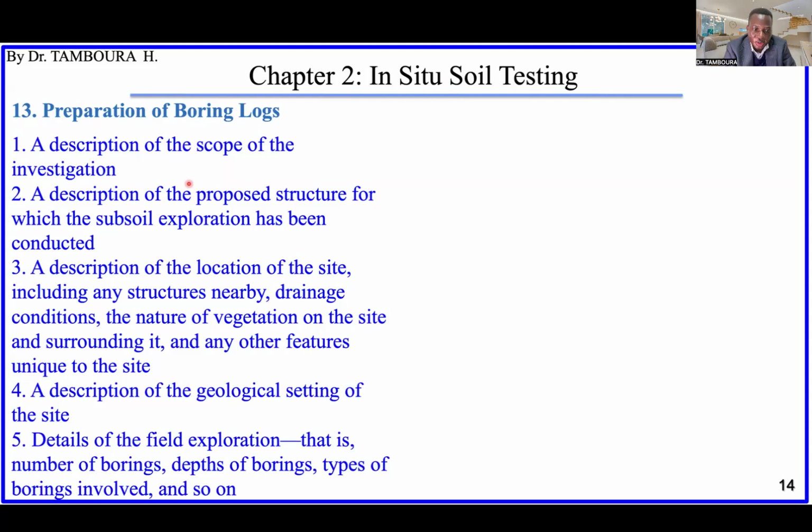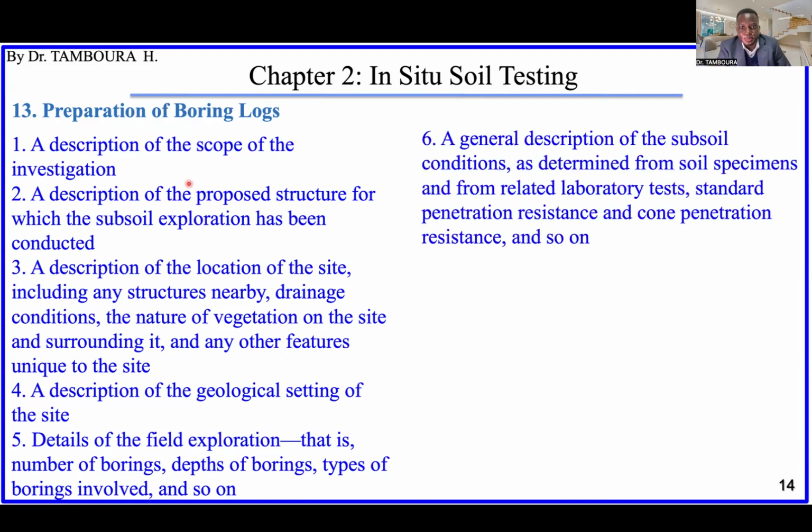You have to give detail of field exploration. Okay, that is the number of borings, the depth of borings, the type of boring involved, and any other thing that can help for the field exploration. You have also to give a general description of subsoil condition as determined from soil specimens and from related laboratory tests, standard penetration resistance, cone penetration resistance, and so on.